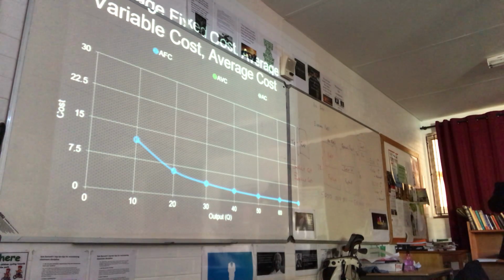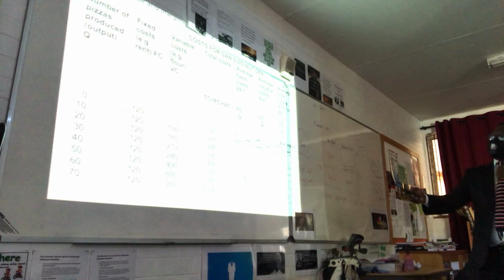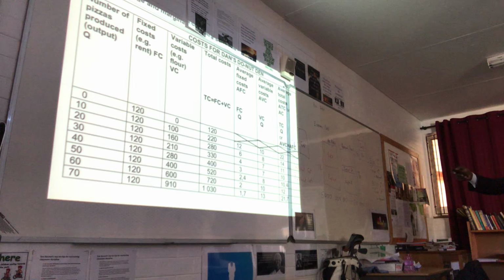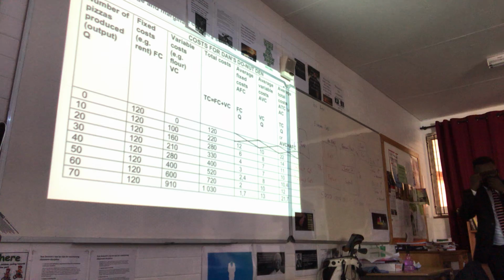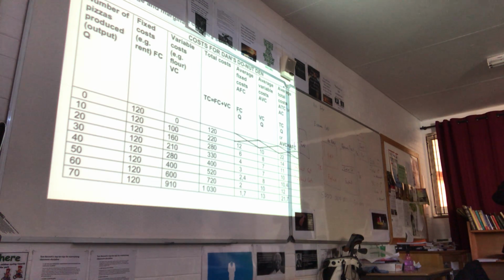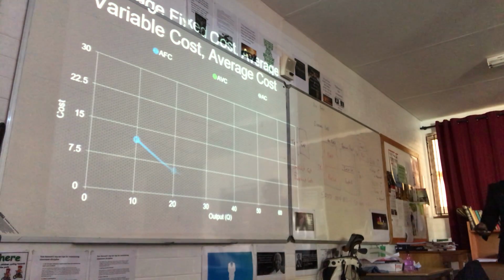What's your logic behind it? You know what we can do actually? Here's how we work out average fixed cost. Have a look at this. Take a photo maybe with your phone, and then try and work it out to see if this number will get to a point where it's negative. It'll get close to 0. Okay, it'll get to a point where it's close to 0, but it won't go negative.